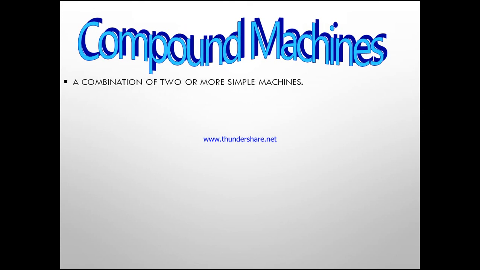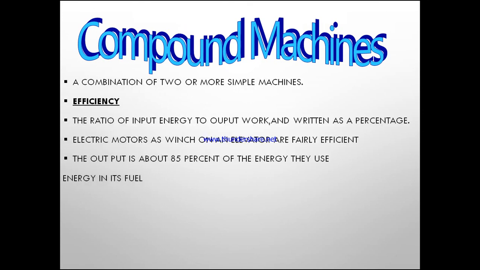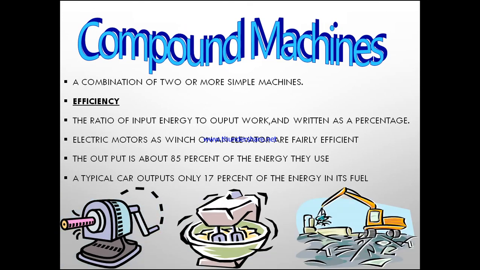What about the compound machines? A combination of two or more simple machines. You'll find this combination of two or more simple machines makes a compound machine, or you can say a complex machine. Efficiency is the ratio of output work to input energy, written as a percentage.